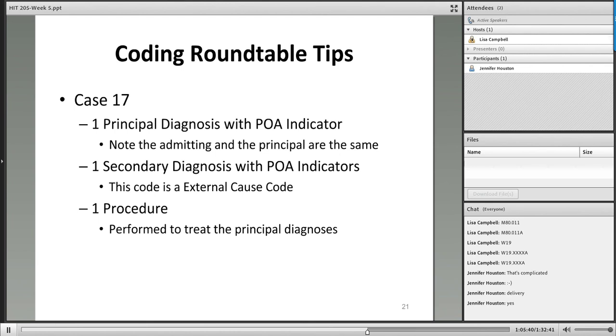So for this case that you have, case number 17, your principal diagnosis and actually your admitting diagnosis, they're exactly the same, represent a fracture but not a pathological fracture.